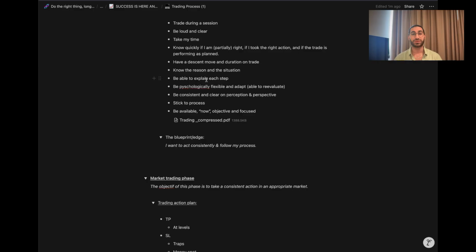Okay. Take my time. When I wrote this, what I meant by taking your time is basically you don't want to rush taking the trade. I know I'm an aggressive trader, so when I see something, I want to get it beforehand. I want to get the full move. However, I know how to manage my trade later on. If you're more conservative or you hesitate or it's not an A plus setup and you're sure that it's going to go that way, etc., you want to take a bit more time.